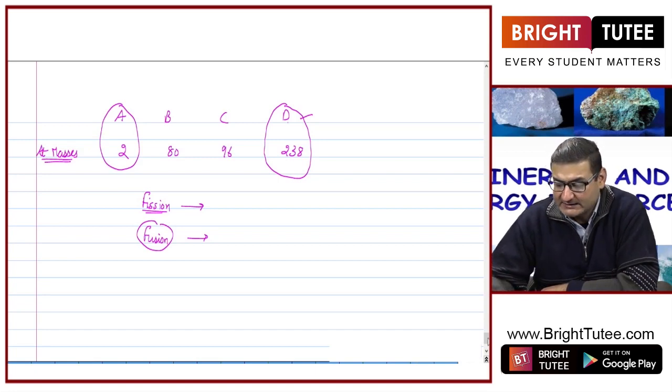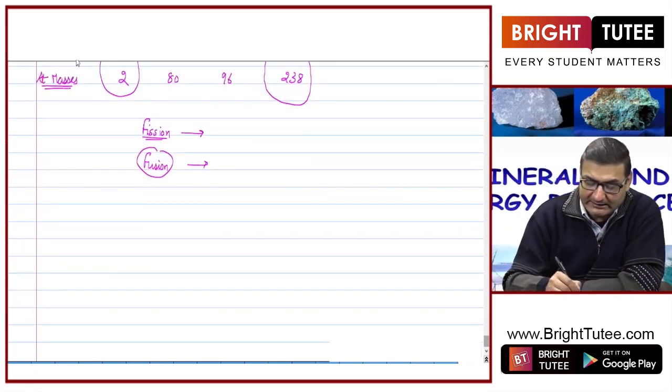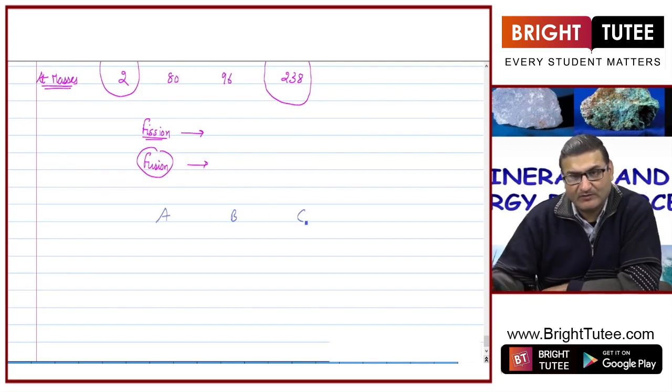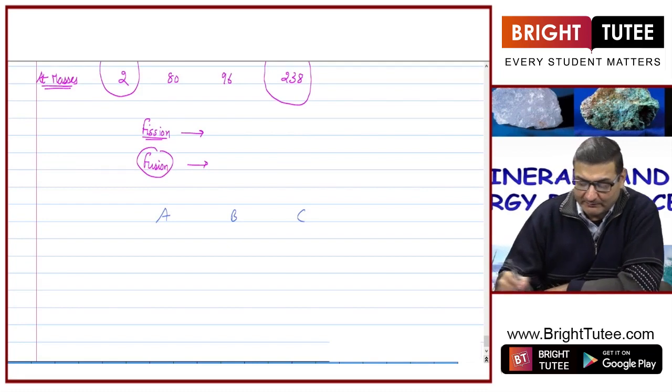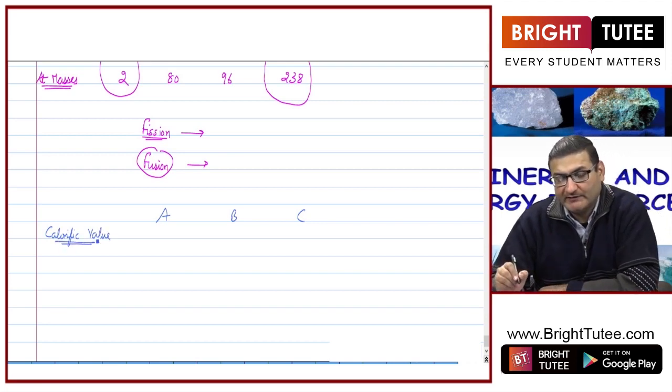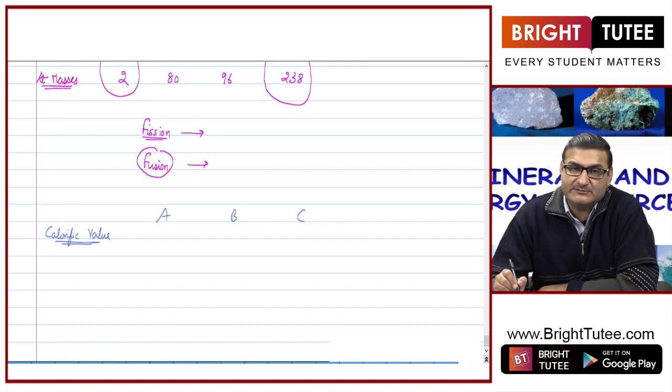Fine. Next that will be asked in the examination is, we will be given 3 elements A, B, C, or 3 fuels. We will be told the calorific value. I hope you remember what calorific value is. Calorific value is basically the amount of energy produced by burning unit mass of a fuel.